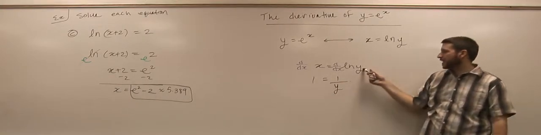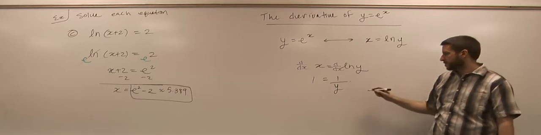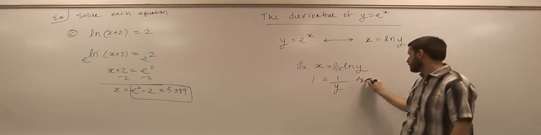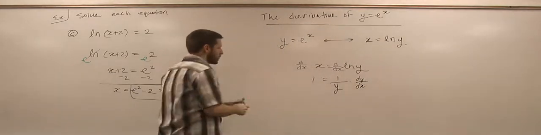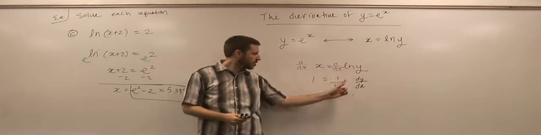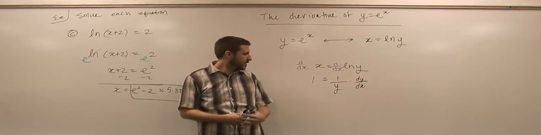Times, because the inside function is more complicated, you have to multiply by the derivative. You have to chain rule. Times dy dx. Right? That's how implicit differentiation works. You do the derivative of the outside, but then you multiply by dy dx for the derivative of the inside.